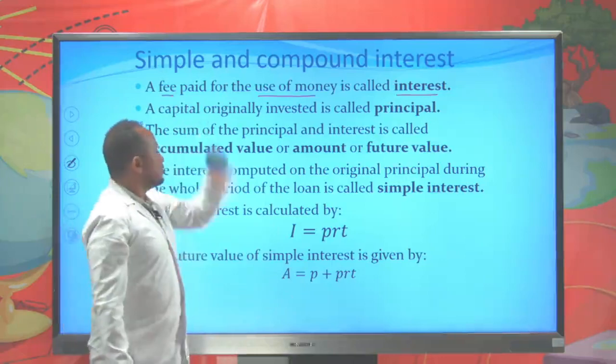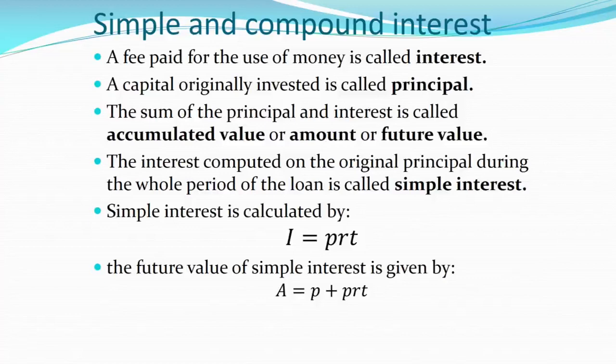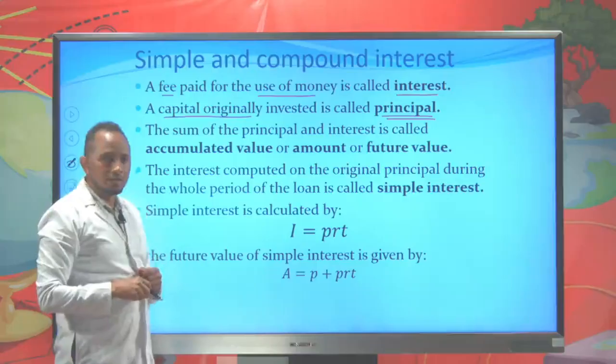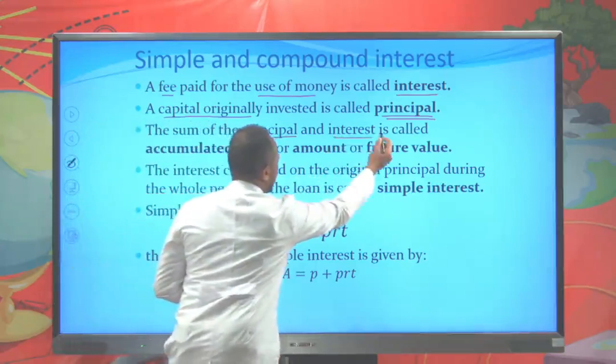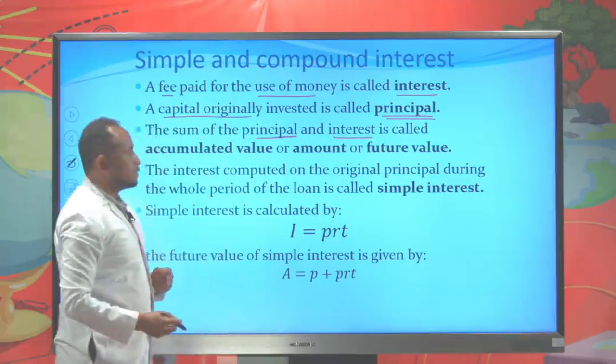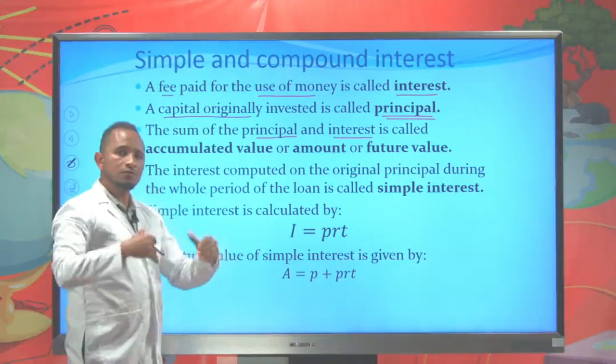So, if it is paid for the use of money, we call it interest. A capital originally invested is called principal, and the sum of the principal and interest, we call this accumulated value or amount, or the future value.